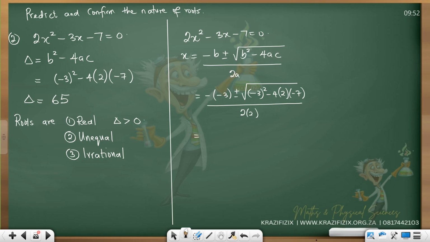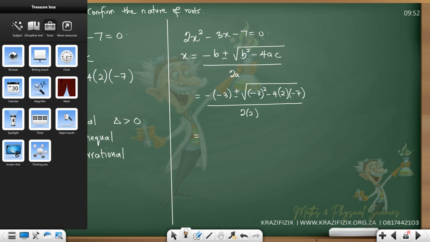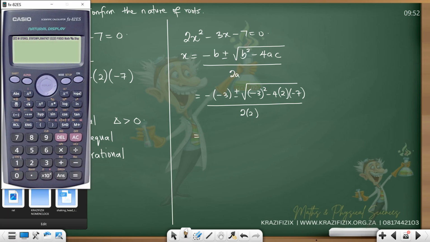I'm grabbing a calculator to prove that we're going to have two different answers. Negative 3 plus the square root of negative 3 squared minus 4, my a is 2 and my c is negative 7, over 2 times 2. Let's see our answers.